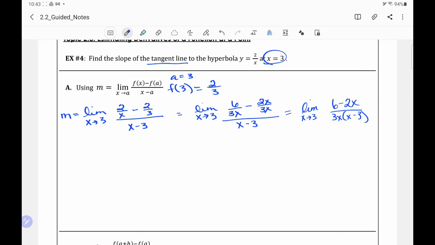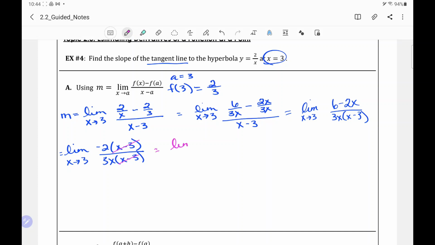So we've got the limit as x goes to 3 of 6 minus 2x over 3x times x minus 3. Well, I can factor out a negative 2. That's going to give me negative 2 times x minus 3 over 3x times x minus 3. What happens with my x minus 3's? They're gone.